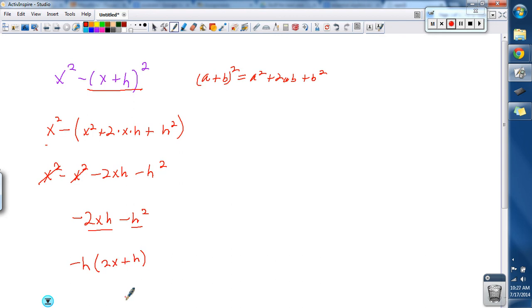And like I said, it's not always asked for you to do this, but this might appear as an answer choice whereas the previous one might not. So that's why it's important to know how to factor things at the end.